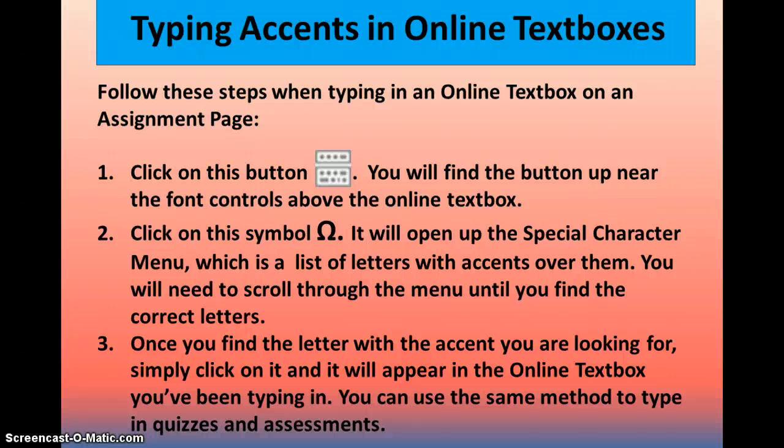Next, you will see additional options, one being the omega symbol. Okay, click on that symbol. It will open up the special character menu, which is a list of letters with accents over them. You will need to scroll through the menu until you find the correct letter with the accent over it. Once you find it, simply click on it, and it will then appear in the online text box you've been typing in. Again, you can use the same method to type in quizzes and assessments.